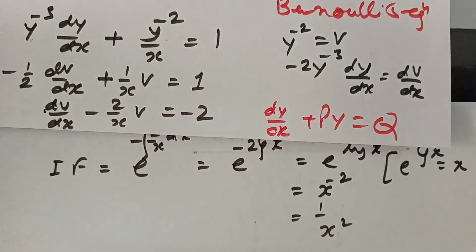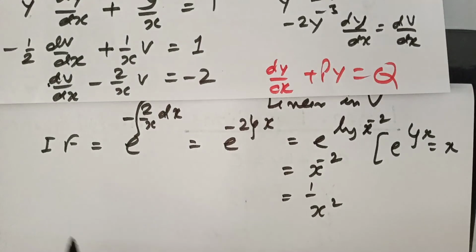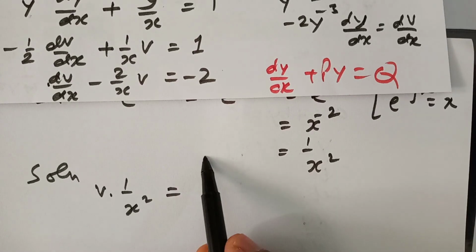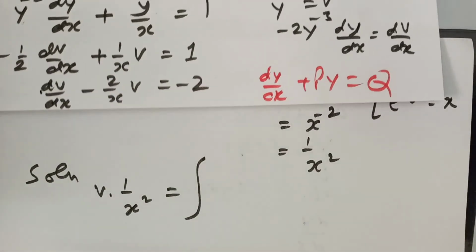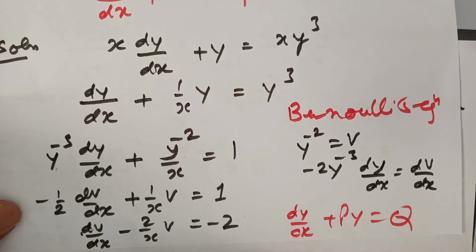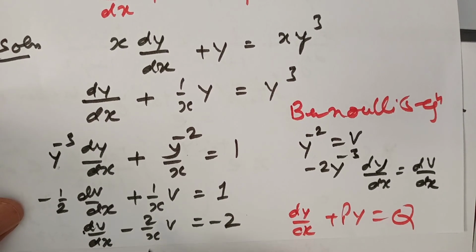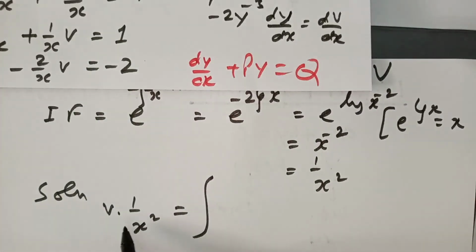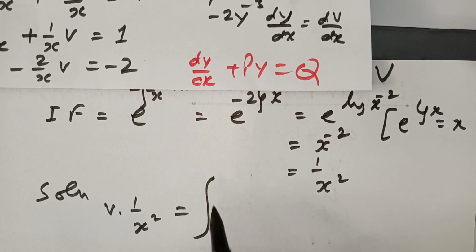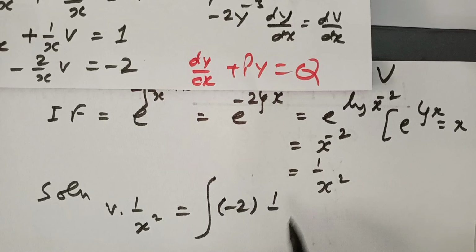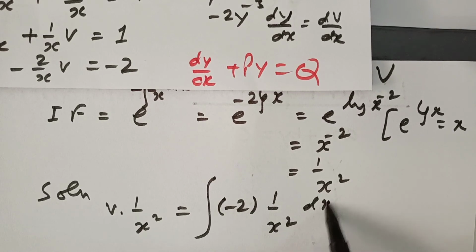Okay, now the solution. So the solution is v into 1 upon x square is equal to integral of q times the integrating factor. What is q? q is minus 2. This is our equation, dv by dx minus 2 upon x v is equal to q, so this is minus 2. So v into the integrating factor is equal to the integral of q, which is minus 2, times the integrating factor, dx plus c.